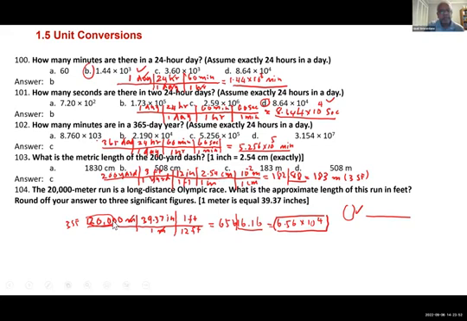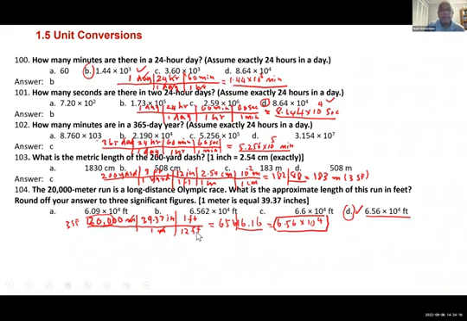2,000, 20,000. I converted 1 mile to inch, 1 meter to inch. 12 inches in a foot. 1 foot, 12 inches. So 12 inch, this FT should be inch on the bottom.